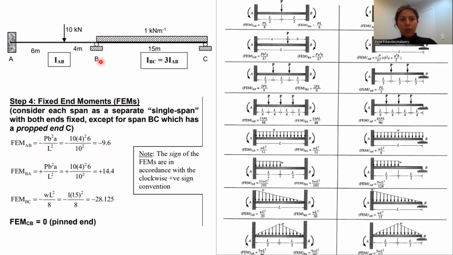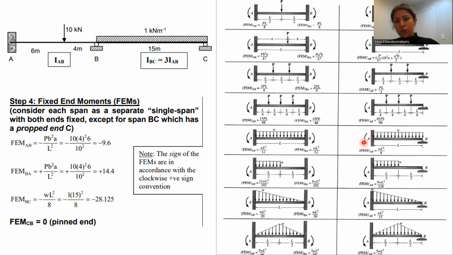If you fix this joint and look at BC, you will see that this case is similar to this one. We have one fixed support, one roller, and a UDL on the beam. So the bending moment at B in this case equals WL squared over 8, and it is anti-clockwise.